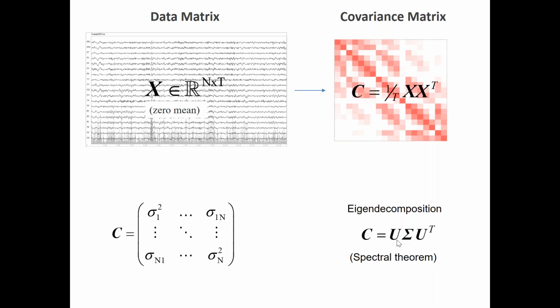A matrix U, which is an orthogonal matrix, I talked about that before, and the matrix sigma, which is a diagonal matrix, so we saw that as well, and then the matrix U transpose. Now you don't see why this is important, but later on you will see why. So basically we can always decompose such a matrix as the product of an orthogonal matrix, a diagonal matrix, and the orthogonal matrix transposed. Good.